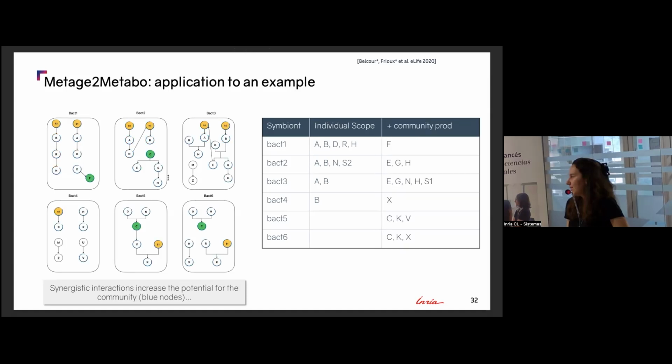And what we are interested in is the effect of cooperation, of cross-feeding among the community members. Because a species can produce compounds that will be used by others, it will unblock metabolic pathways and lead more compounds to be produced. So now more compounds can be reached by each of the community members.